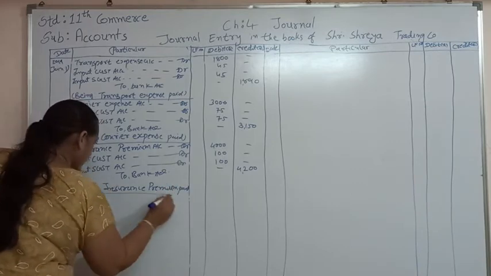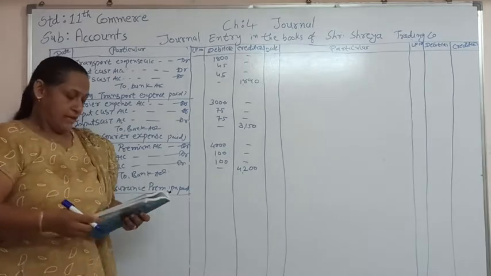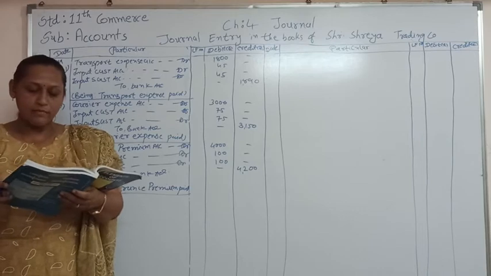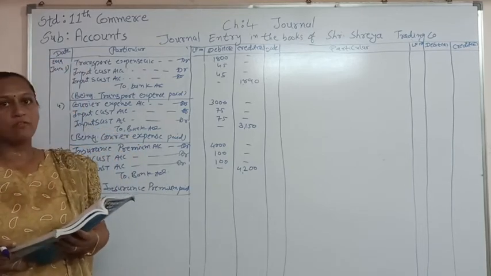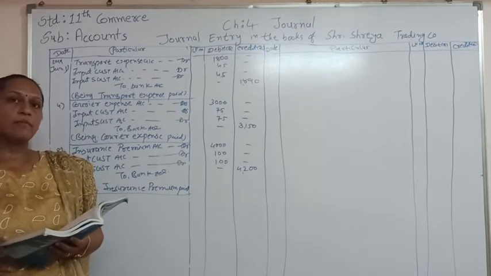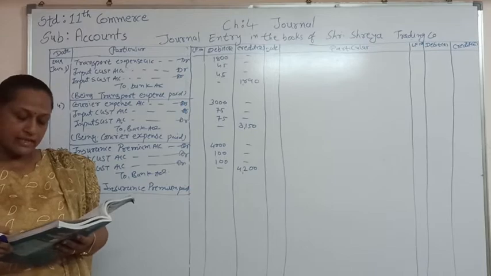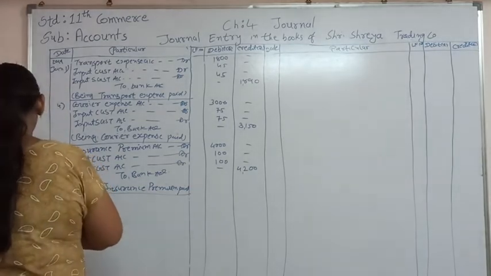Now, let's see next. Advertisement expense paid by check of rupees 6000. So here again advertisement expense account debit, input CGST account debit, input SGST account debit to bank, as it is also paid by check. So journal entry will be that.